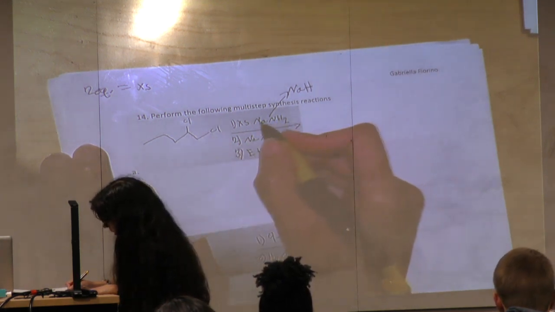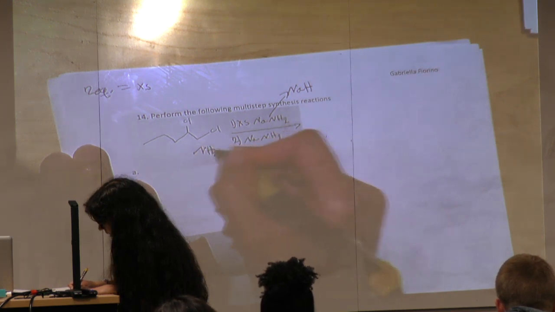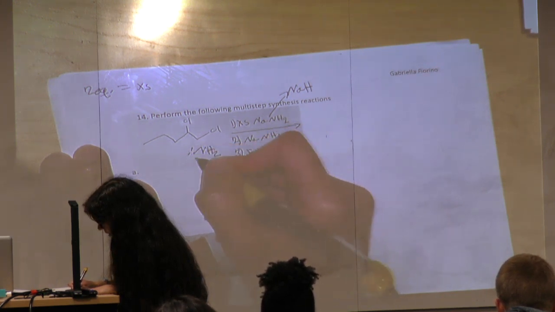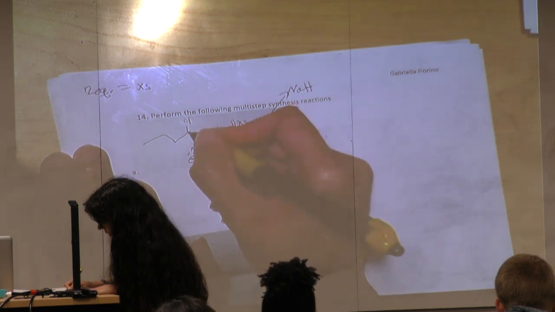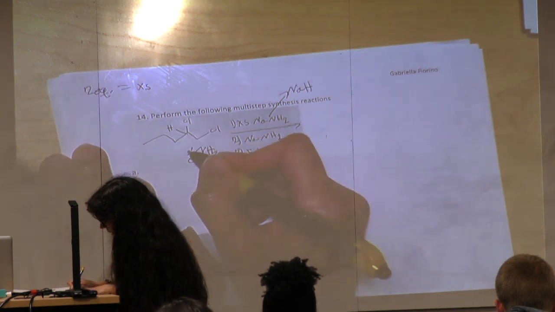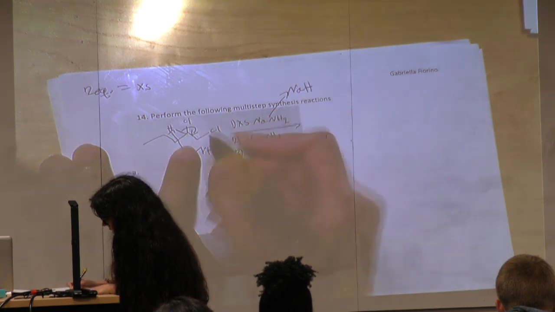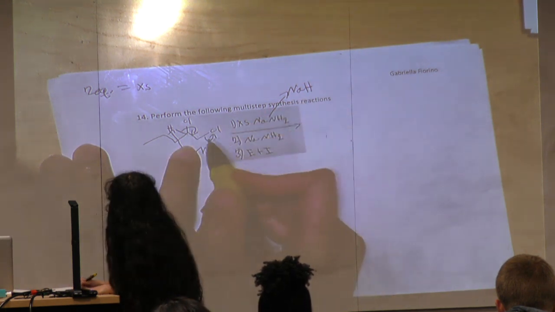So instead of writing NaNH2, I'm just going to take my NH2. This has a negative charge on it, this nitrogen. We have a hydrogen hanging out over here on this carbon the chlorine's attached to. I'm going to pick off that hydrogen, form a double bond right here, and that's going to kick off this chlorine.